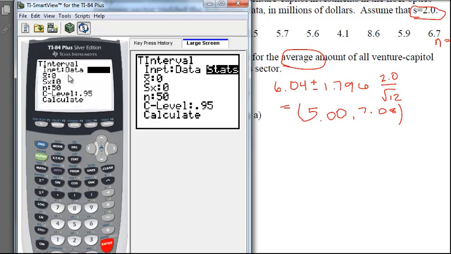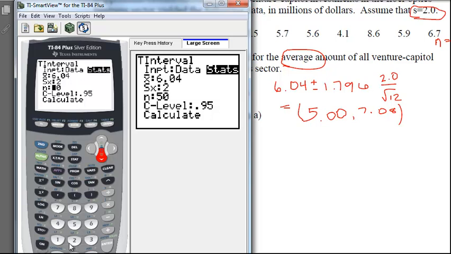Now if I've entered my data into L1, I would go to L1 and highlight data, but since I've already computed my sample mean, I'm just going to use summary statistics. And so now I go down to x bar. That was 6.04. S is given as 2.